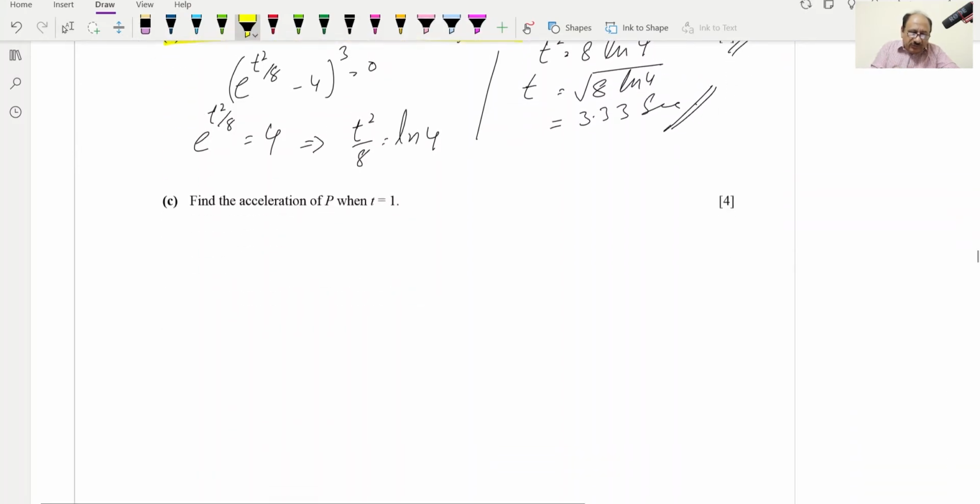C part says find the acceleration of P when t is equal to 1. So to find the acceleration, we need the derivative of the velocity.